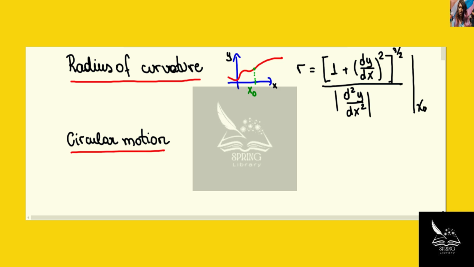And about circular motion, what we need to know is that when we have a body that is undergoing circular motion, we can decompose the particle's acceleration into two components. One component is centripetal, pointing towards the center of curvature, and another component is tangential.